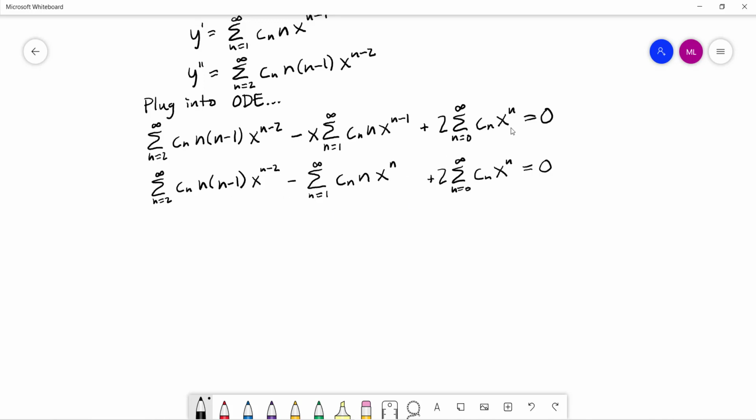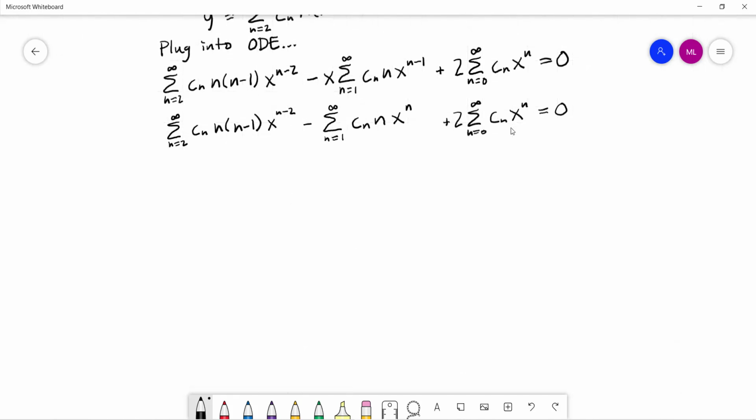So let's pull out all the other terms that aren't x to the first power. In this case, that's going to be the n equals 2 term. So I will get c sub 2. So this is our next step. Our next step is I'm going to get c sub 2 times 2 times 1 times x to the 0. So that's the constant term from here.